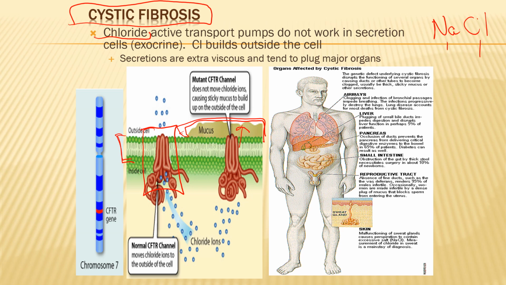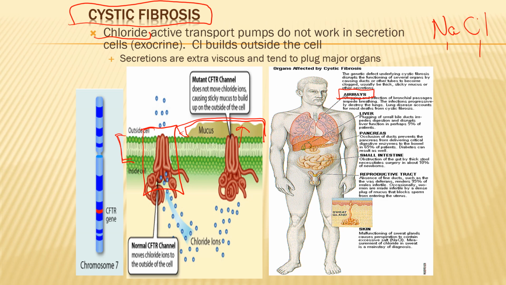So the places that this is particularly a problem are the airways, like the lungs and the bronchial tubes, where you get this buildup of thick mucus, which can lead to breathing problems, lung damage, frequent infections, because the bacteria and stuff like to grow in that thick mucus.